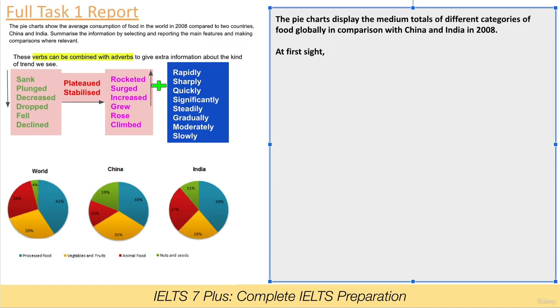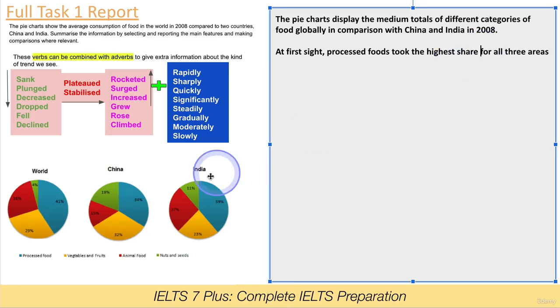At first sight, processed foods took the highest share for all three areas.